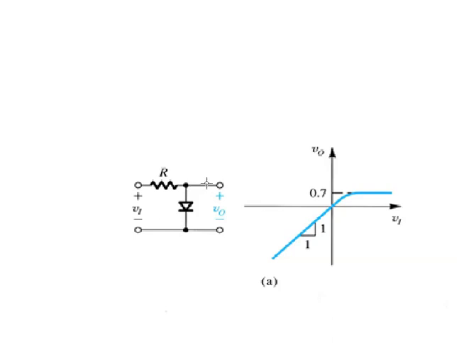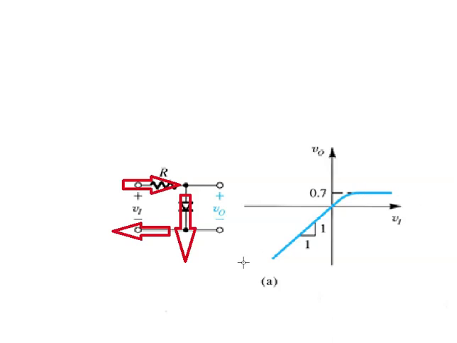Everything will go this way, down here, and goes back all the way there. Nothing will go to the output. So the output will show the drop of voltage on two sides of the diode, which is 0.7. So you see the output will stay like this.